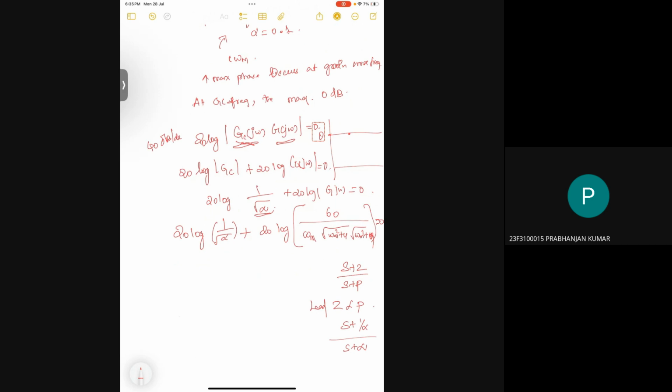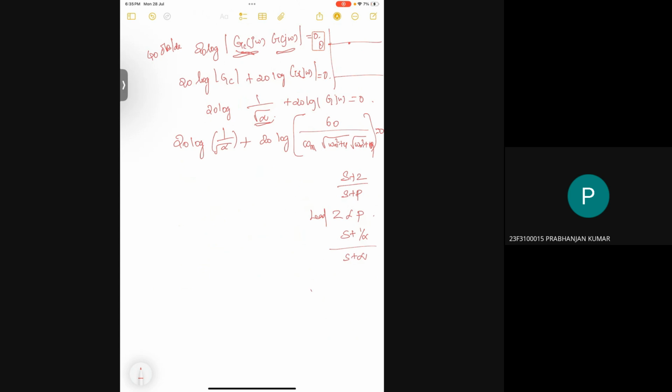So if you substitute s as j omega here, the magnitude of this function will be 1 by under root omega square plus alpha square. Sorry, alpha plus 1 for j omega. Wait, this will become omega square plus 1 by alpha square.